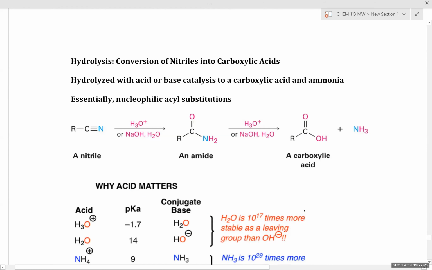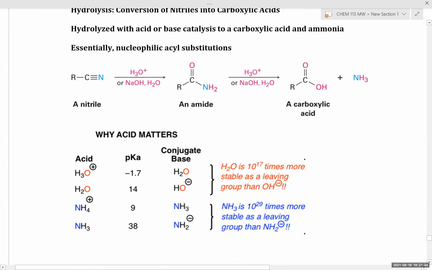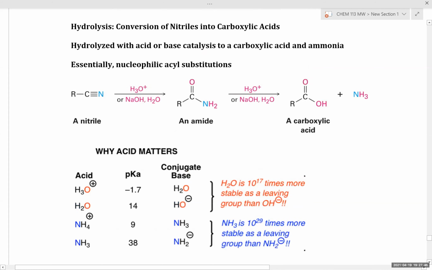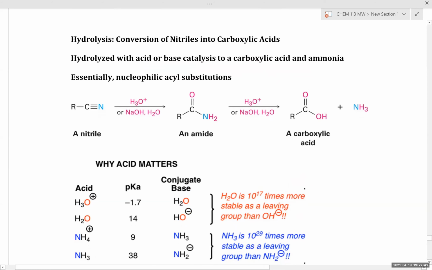we looked at amide hydrolysis, right? This is one case where we're going from a relatively stable amide to a slightly less stable carboxylic acid. And when we look at this reaction, the first question is, why does this work? Well, hydrolysis is functionally a nucleophilic acyl substitution.